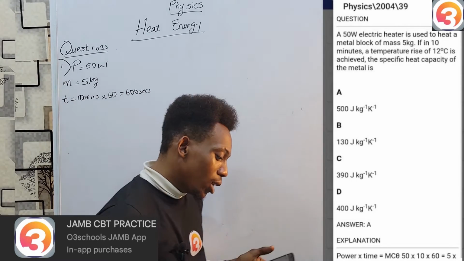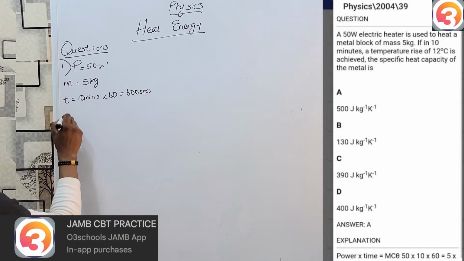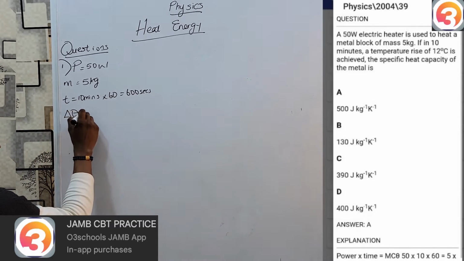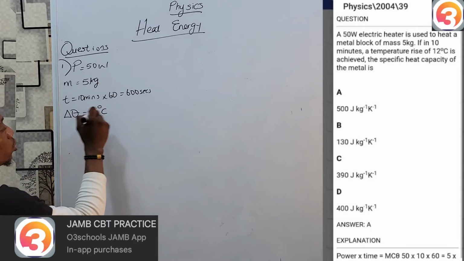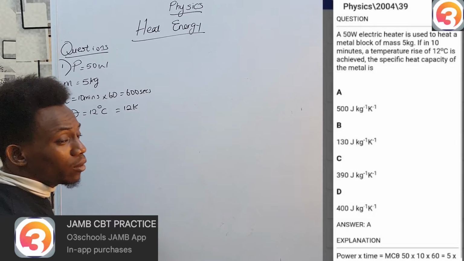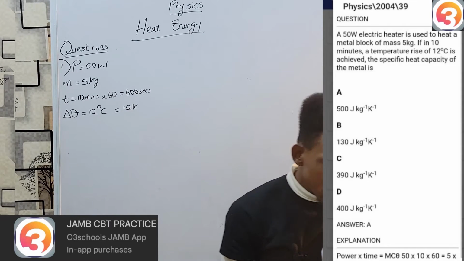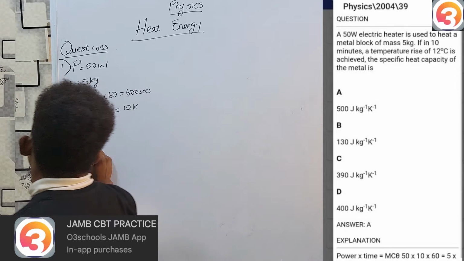If in 10 minutes a temperature rise of 12 degrees Celsius is achieved, my change in temperature is 12 degrees Celsius, which is the same as 12 Kelvin. Whenever you have a temperature rise, there's no need to convert. Then we are asked to find the specific heat capacity of the metal.